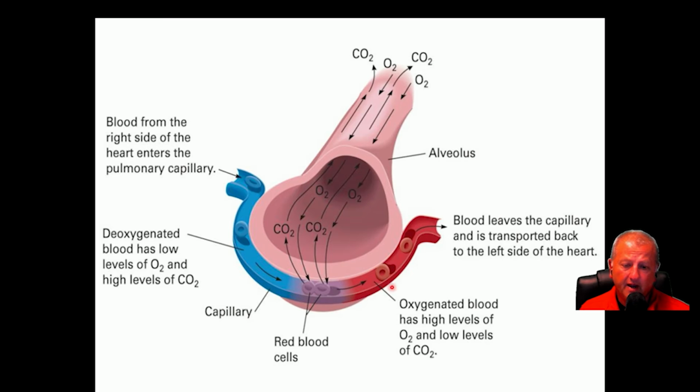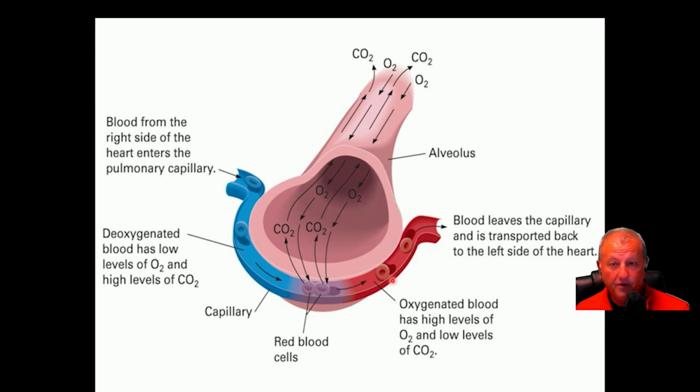So here's your capillary. It's blue, representing no O2, and over here is red, representing O2. The reason for the red is hemoglobin. Hemoglobin gives your blood that reddish tint, but hemoglobin also carries oxygen, so that's where the color comes from. Oxygenated blood has high levels of O2 and low levels of CO2.